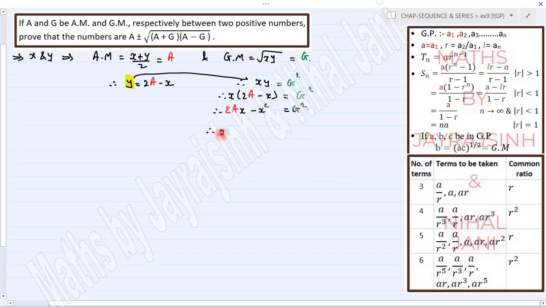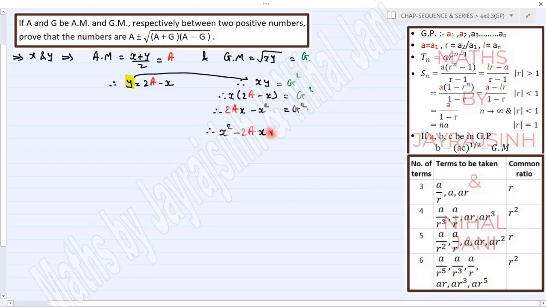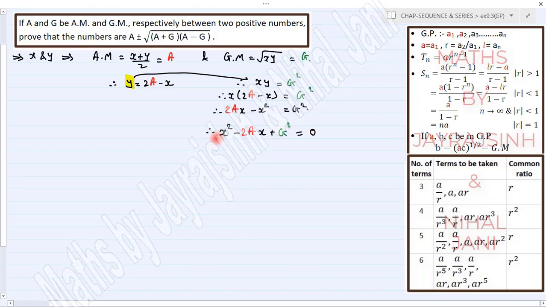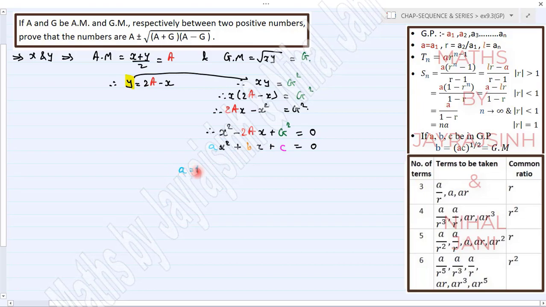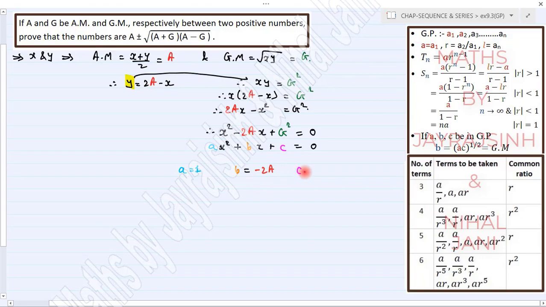So our quadratic equation is x square minus 2Ax plus G square is equal to 0. To solve it, we compare it with the standard quadratic equation. So a is equal to 1, b is equal to minus 2A and c is equal to G square.